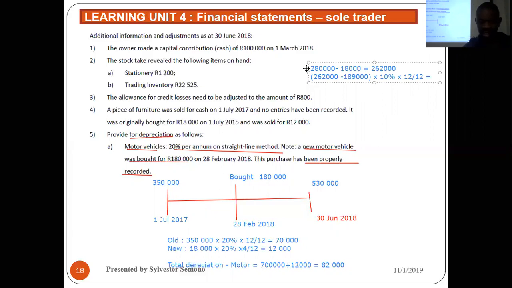Maybe I'm wrong. Is the balance 189 here? You said 189. No, you gave me a wrong one. It's not 189.